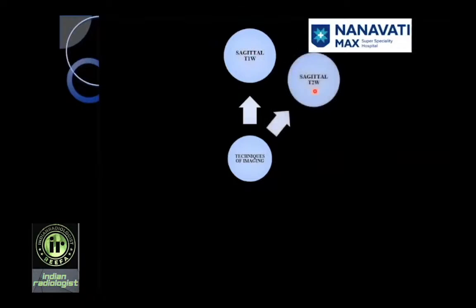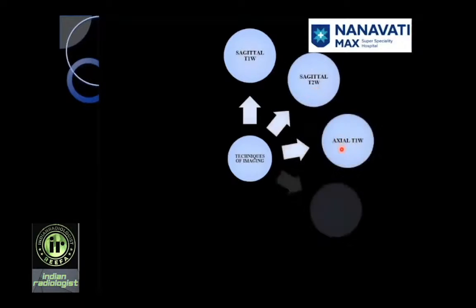So broadly, when we do a cervical, dorsal or lumbar spine MRI for degenerative disc disorders, we obtain 3 or 4 mm sagittal T1 weighted images, 3 or 4 mm sagittal T2 weighted images, and axial T1 and axial T2 in the dorsal and lumbar spine are again 4 mm each.